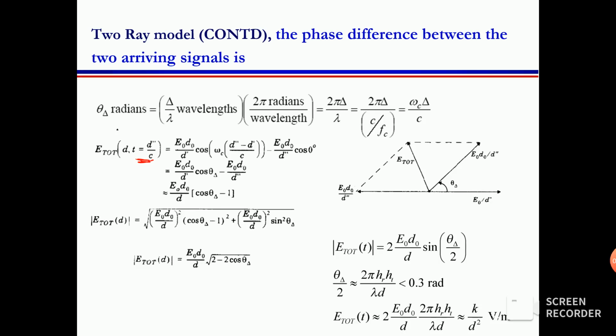You can do the substitutions, and finally you have E d0 by d into cos theta delta minus 1. All right, so your E total.